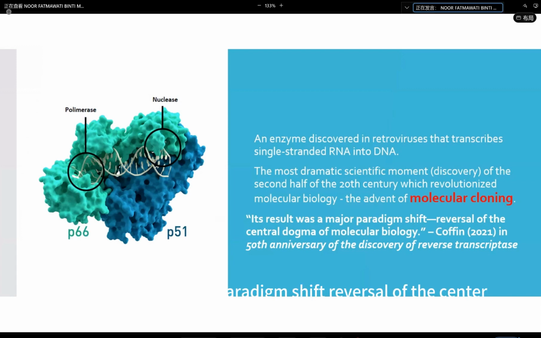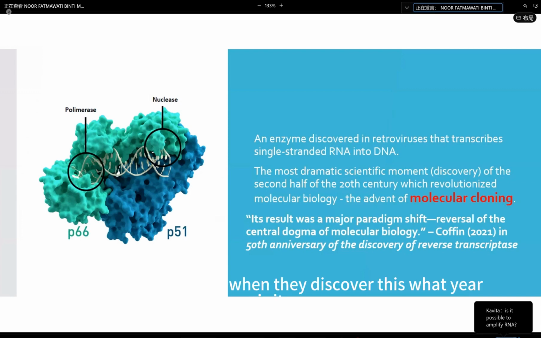Its result was a major paradigm shift, a reversal of the central dogma of molecular biology. In the central dogma, you have DNA, RNA, and then protein. You don't have protein becoming RNA. So the reverse is that RNA can now be changed to become DNA. I'm not sure when they discovered this.